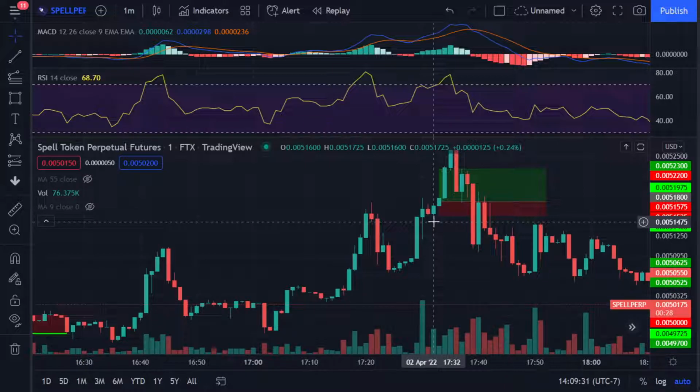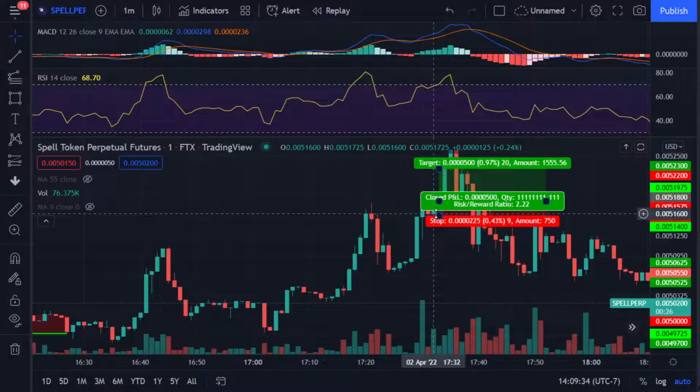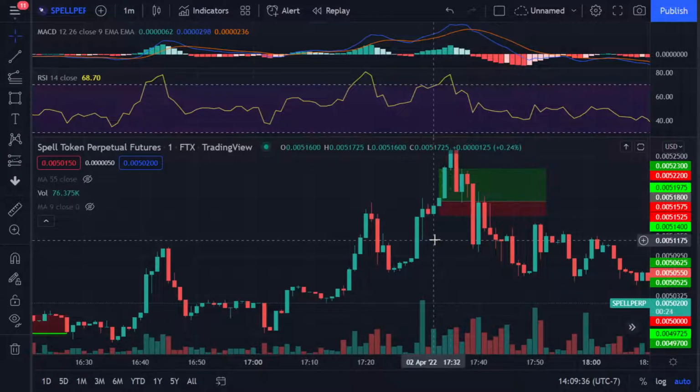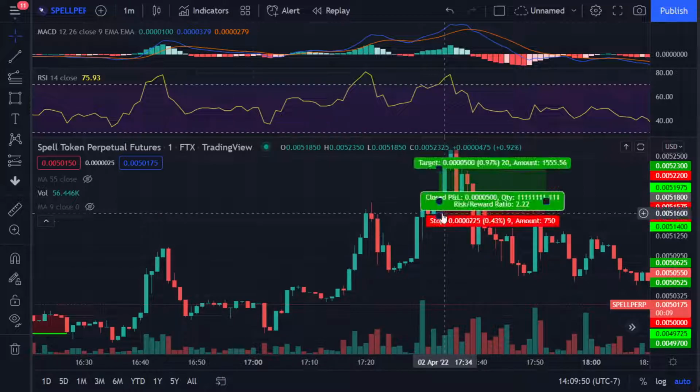I would put my stop 2 ticks below the low, so that if it goes to 51575, it doesn't run my stop, because that will happen a lot, where they'll do a 1 tick run but not the 2 tick run. So I put my stop for the most part 2 ticks below. So my stop loss here is at 5155.